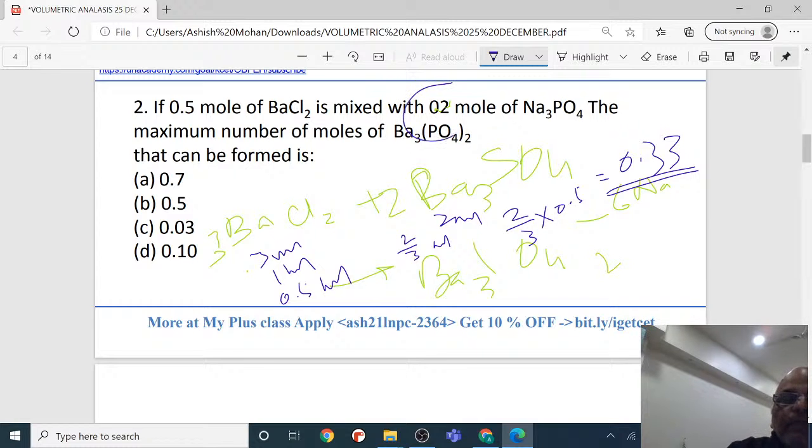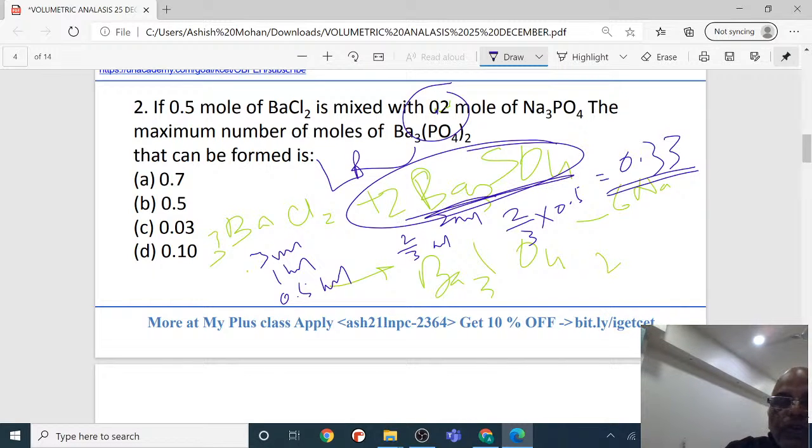But how many moles do we have? 0.2. That means it is the limiting reagent.